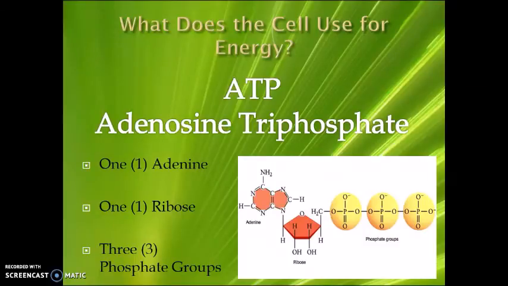ATP is like a fully charged battery. It has tons of energy inside of it. Where is all of that energy stored? It's stored right here in between phosphate number 2 and phosphate number 3.